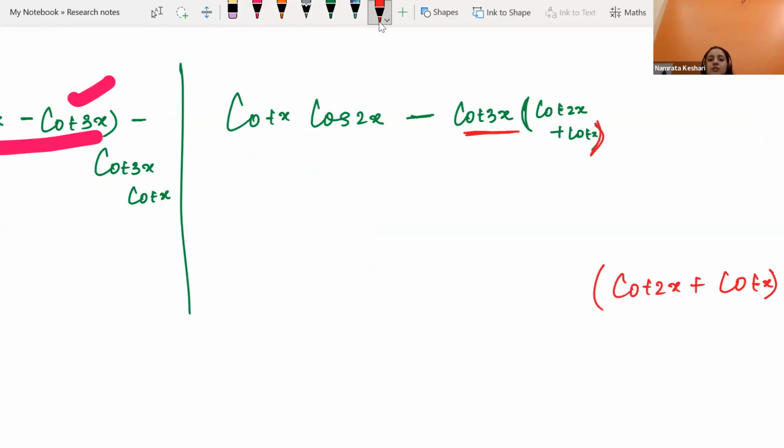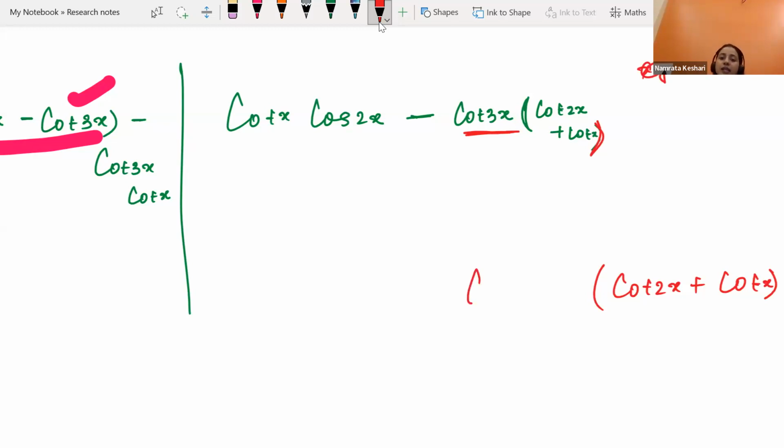Cotangent of 2x is given over here, and then cotangent of x is there. Now what is cotangent? Cot is the shorter form of cotangent. Yes, ma'am. So this is not multiplication. If multiplication with x and y is there we can take out common, but here we cannot take out common cot. Okay.